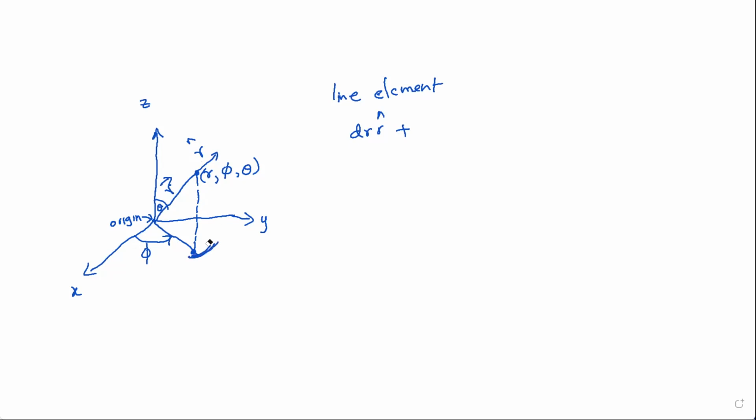So the angle that we have traveled is d phi, right? And the distance that we travel in this instance is given by this radius into the angle. This is what we are traveling this time.